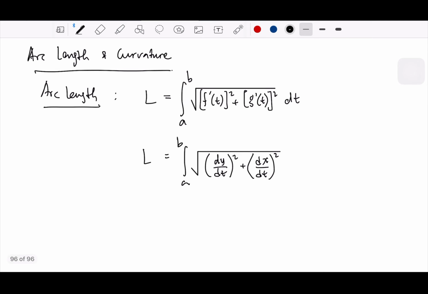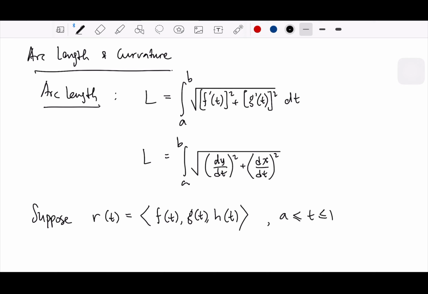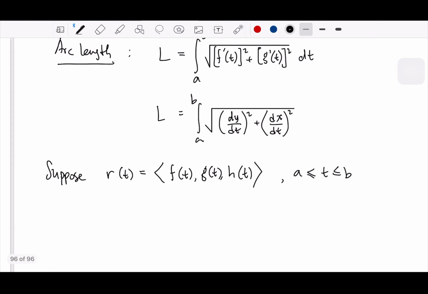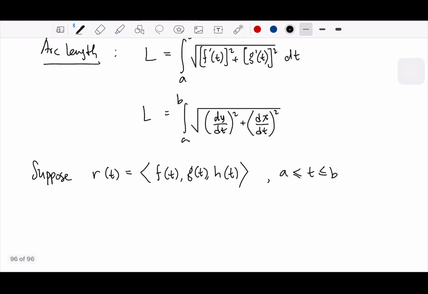Now for our vector function, suppose we have r of t, and then we are going to have t from a to b, the interval. You can write each component as x, y, and z.